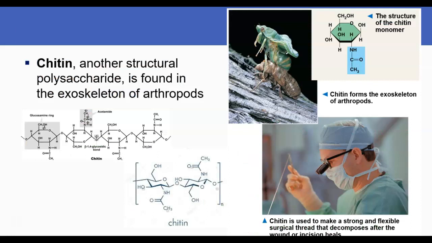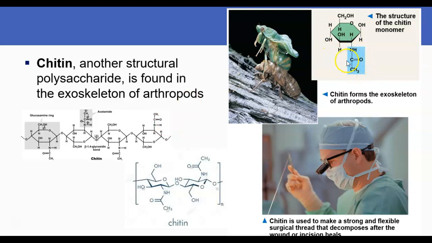And then the last structural polymer is found in animals, in arthropods. It's the exoskeleton. So when you see a cicada carcass where it's left its hard exoskeleton shell, that shell is made up of chitin. Chitin is a glucose molecule with a nitrogen and a hydrogen, a carbonyl group, and a methyl group.